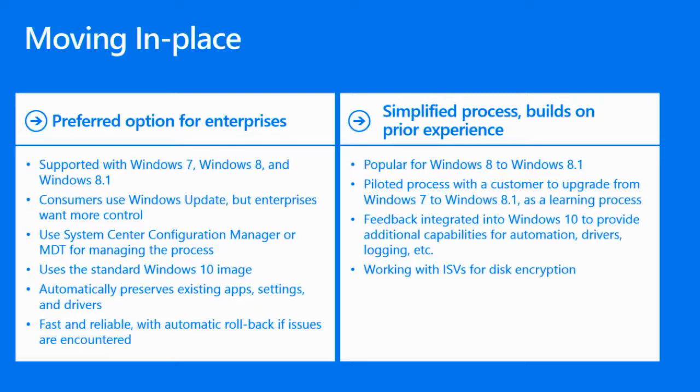Once it's initiated, it uses the standard install.wim. It doesn't use your custom image, primarily because that image can't contain apps. The upgrade process extracts all the apps from the existing OS. It pushes all of those apps back into the new OS. If there were apps in the new OS, it would then have to merge those applications together.